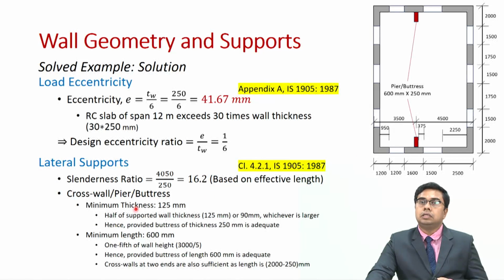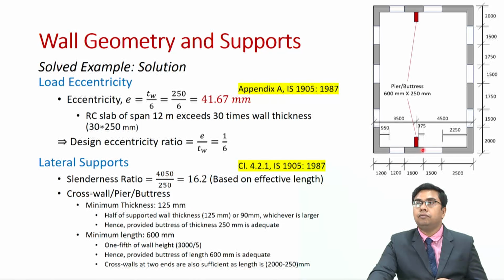So in this case the code IS 1905 says through clause 4.2.1 that the minimum thickness of such cross wall or pier or buttress shall be equal to half of the supported wall thickness or 90 millimeters, whichever is larger. Now our supported wall is 250 millimeters thick. So in this case our pier or buttress or cross wall should be minimum 125 millimeters thick.